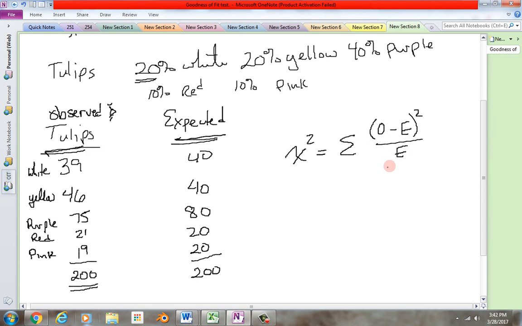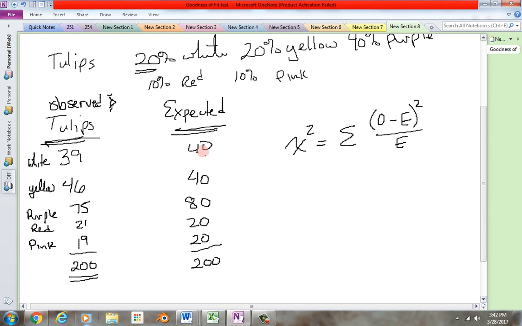That sounds hard. It's literally not. So we're just going to take 39 minus 40, square it, and then divide by 40. And then 46 minus 40 squared, divide by 40. And so on and so on. And then add up those numbers when I'm done.